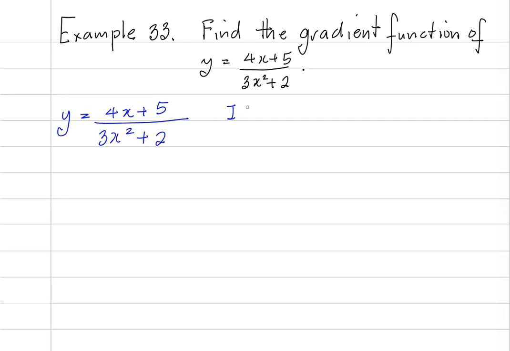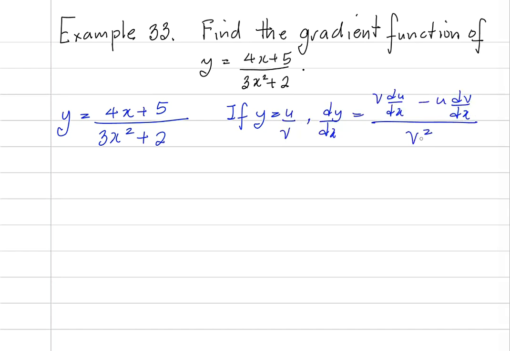And again, if y is equal to u over v, dy by dx would be equal to v du by dx minus u dv by dx, all over v squared.